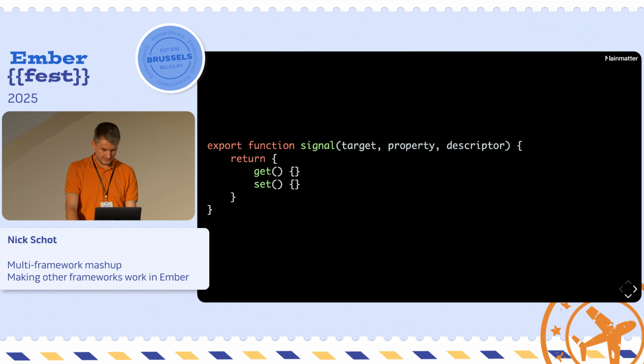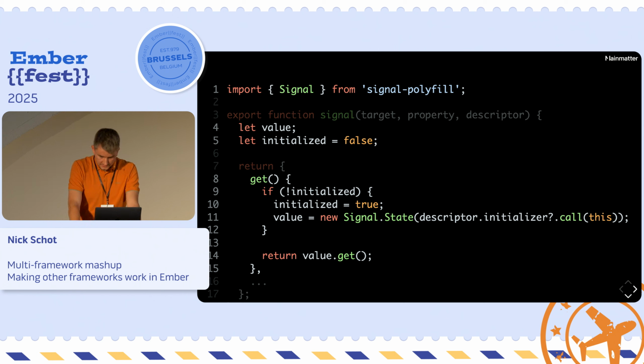Our decorator is called Signal, just to not make it confusing, and has 3 arguments: a target, a property, and a descriptor. Furthermore, it has a getter and a setter. The value of the signal is in this case stored in a Signal.State instance from the official Signal polyfill. This is not strictly necessary, but it provided a convenient shape for me to use. We use the descriptor to look up the initial value for the decorator.